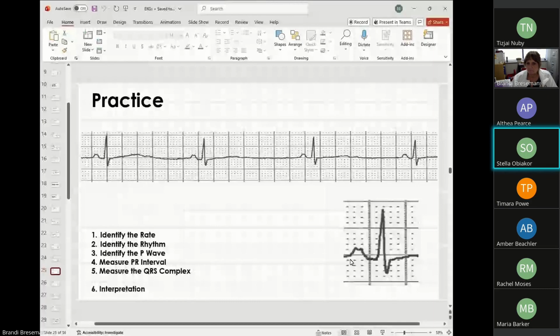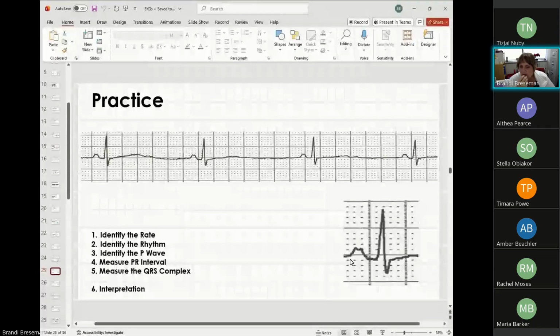Athletes. Although most athletes are not going to have a heart rate of 40, overall sinus bradycardia can be seen in athletes. Certain medications, vagus stimulation.